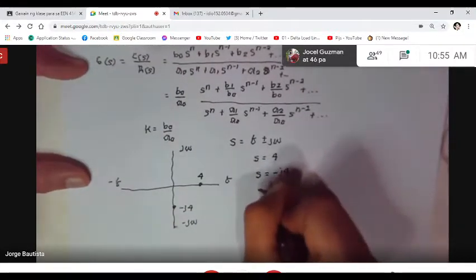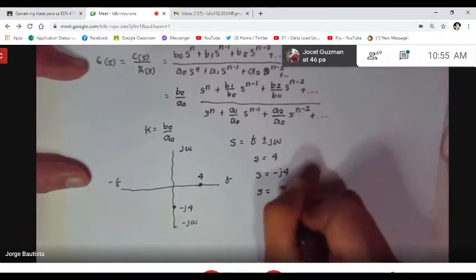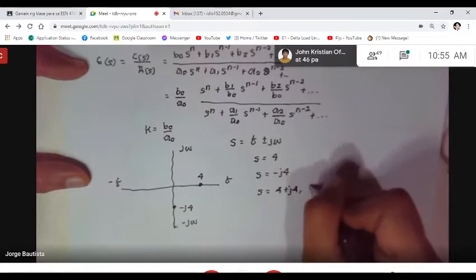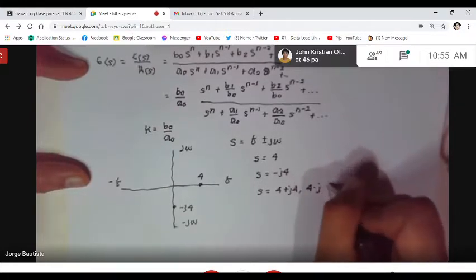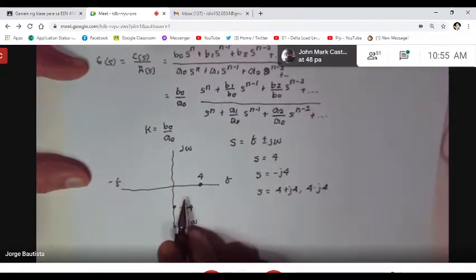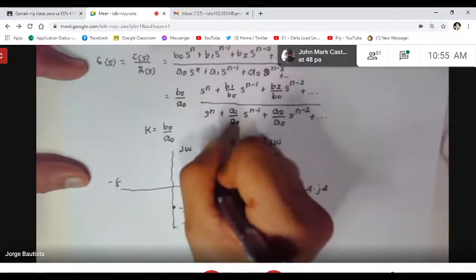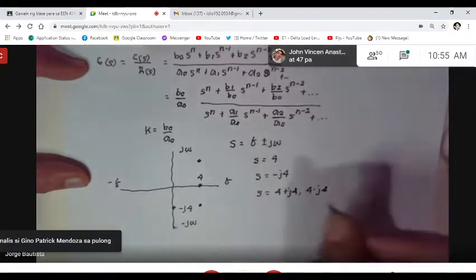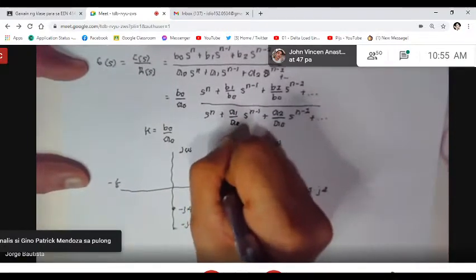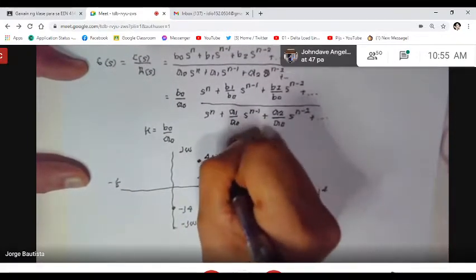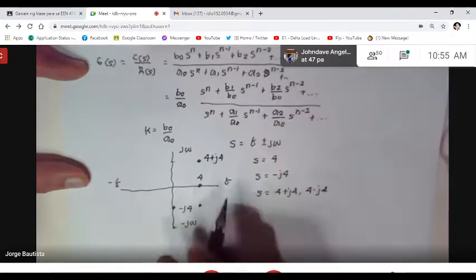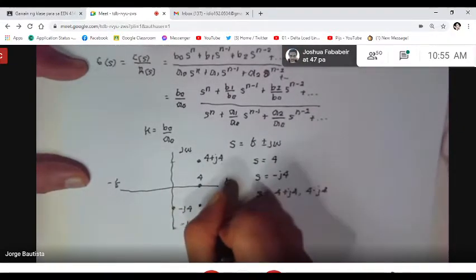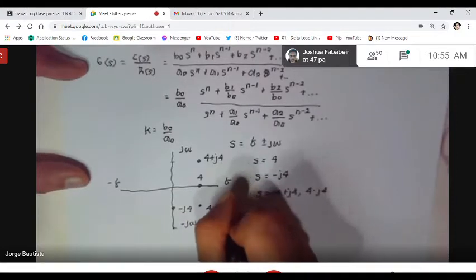If your s is a conjugate pair, let's say 4 plus j4 and 4 minus j4, they are here: the positive 4 with j4 is 4 plus j4, and the negative j4 one is 4 minus j4.